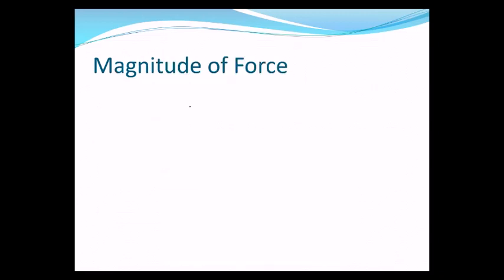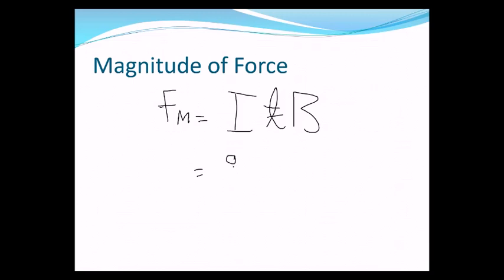Okay, so to find the magnitude of the force, we can figure that out from our old formula. Fm equals ILB, and we can break down our current as charge per time, and then leave length and B. If we focus on these ones, length is just another term for distance.